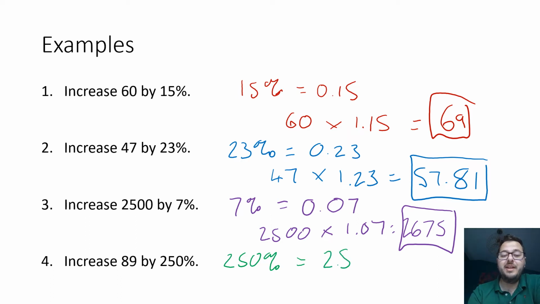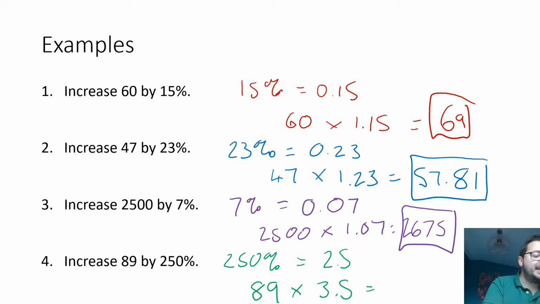So if we want to increase 89 by 250%, we're going to do 89 times, well 1 is the whole thing, and we want to increase it by 250%, so add this 2.5 and we get 3.5. So 89 times 3.5 is going to give us 311.5.